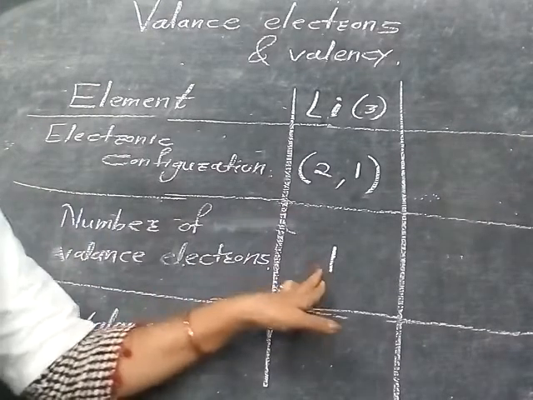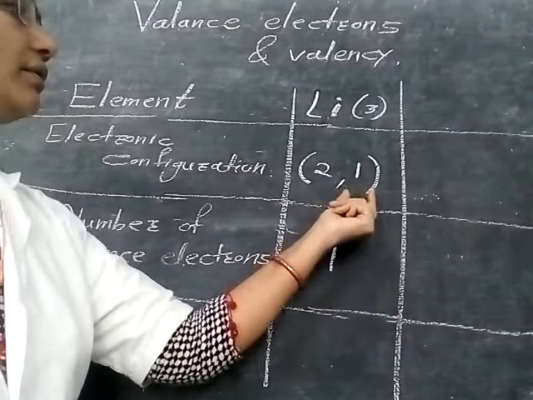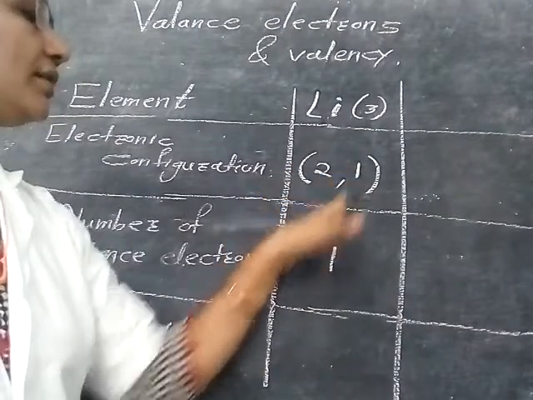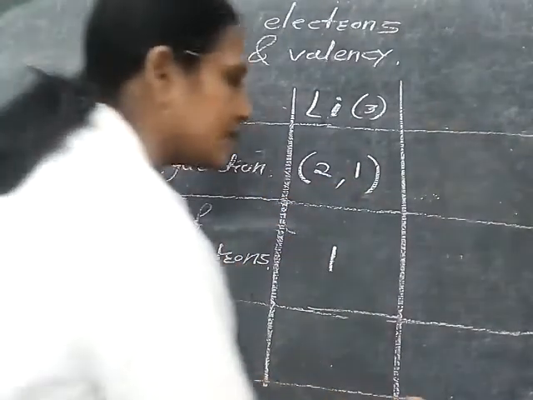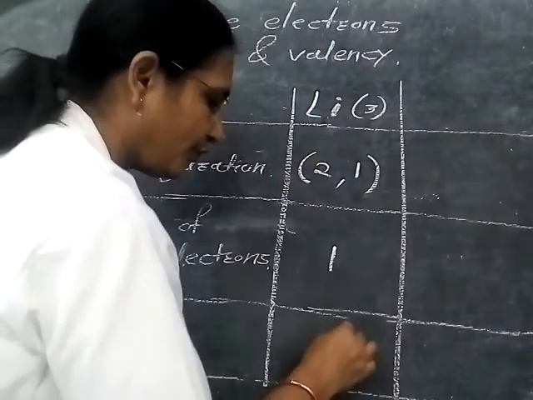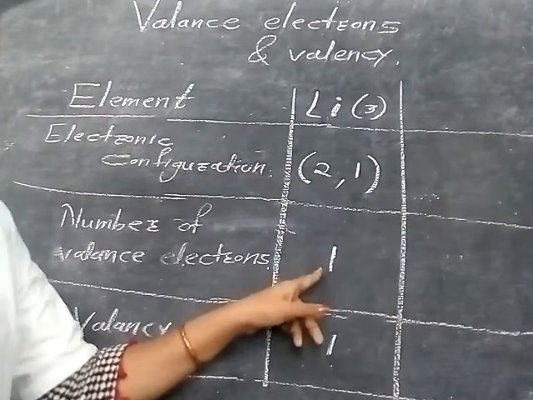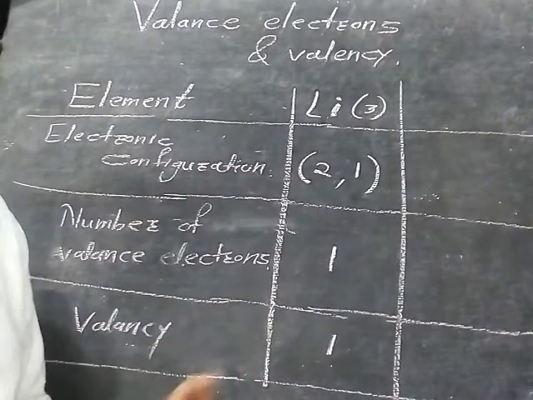Here, by losing this 1 electron, lithium becomes stable, and so the valency of lithium is 1. Valency is also 1 and valence electrons is also 1, so both are the same.